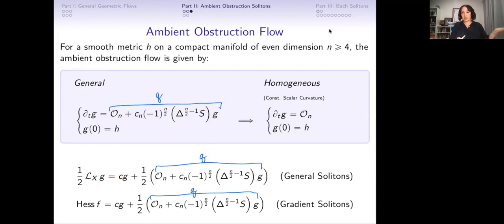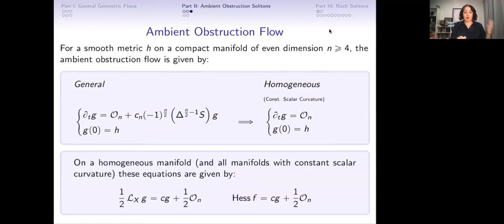However, we're only focused on the homogeneous case. In the homogeneous case, and this is really what we care about, Q is just given by my ambient obstruction tensor, because this term has gone to 0. So when I plug Q in, I'm only having to plug in my ambient obstruction tensor. I'm only having to deal with that one single term because I have picked a nicer type of manifold to deal with. It limits the scope of my results, but it gives me a much nicer setting to do work in.